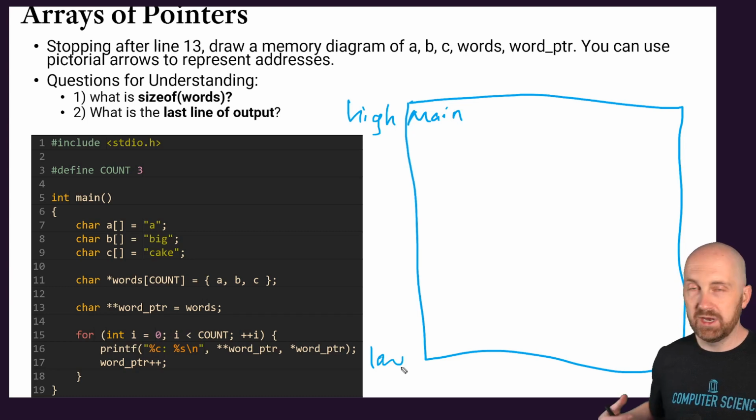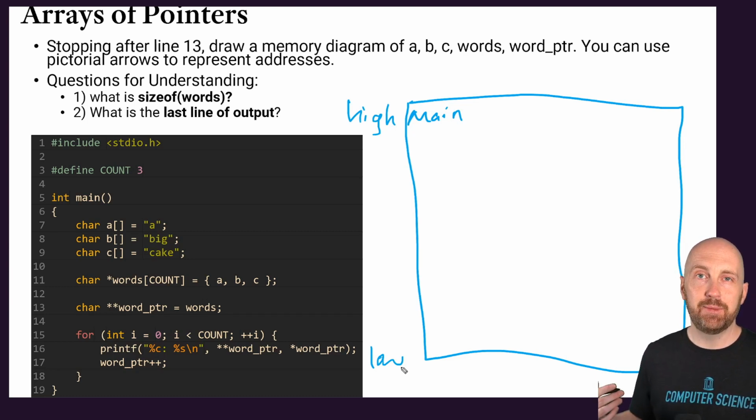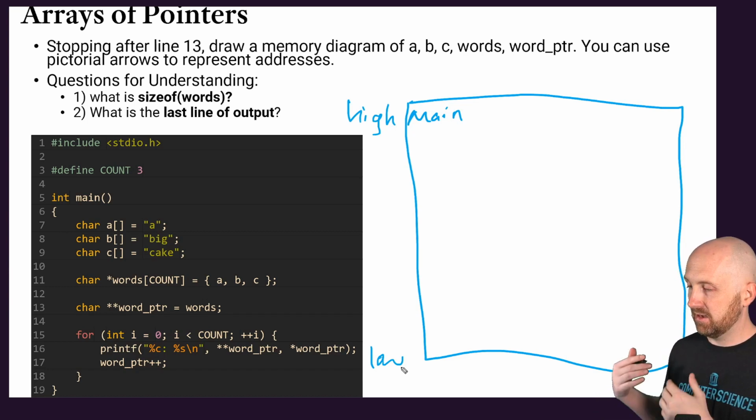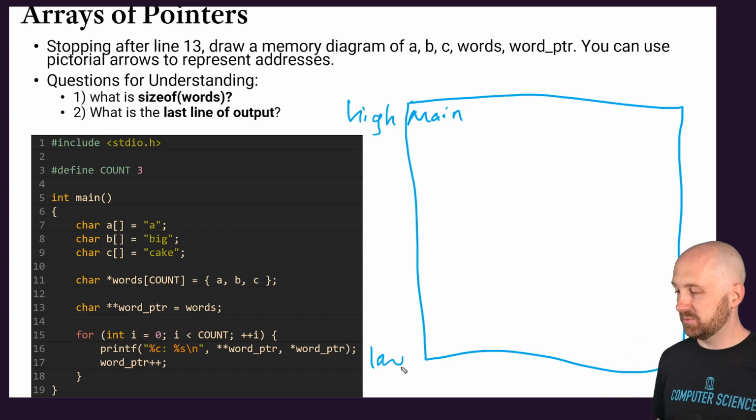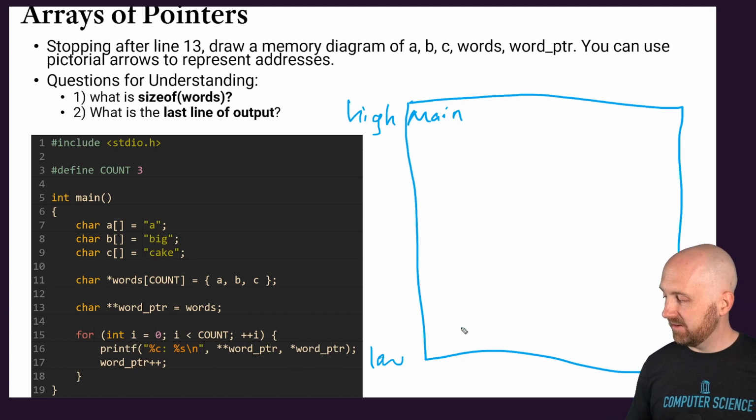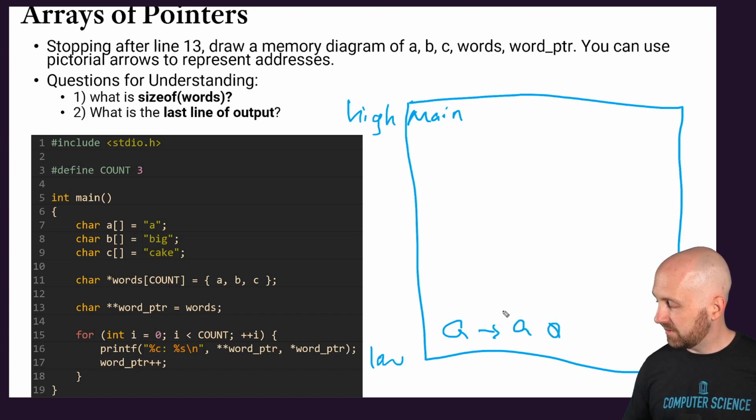And when variables are declared, A, B, C, these names are going to be mapped typically starting from the low address space. So A is going to be an array whose first byte is the character A followed by the null character.